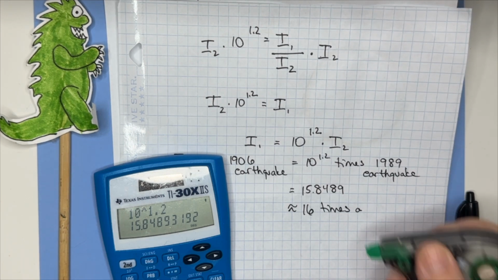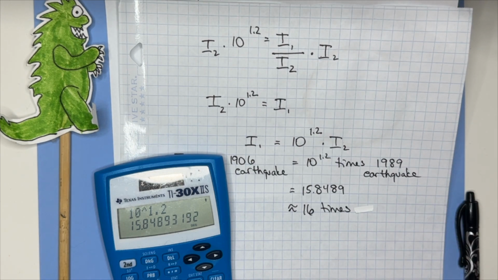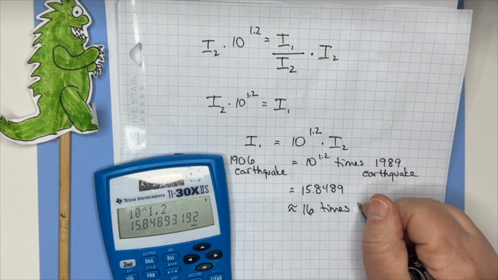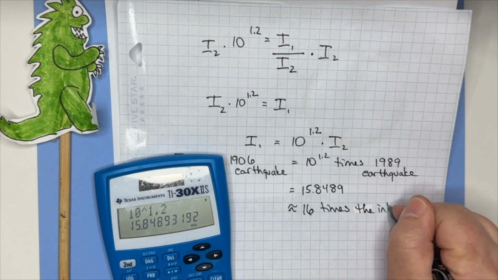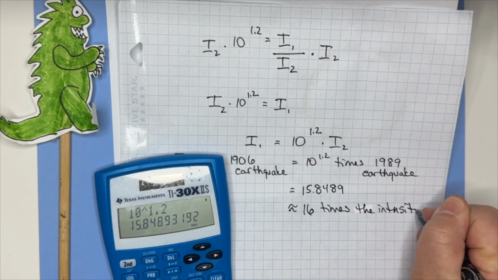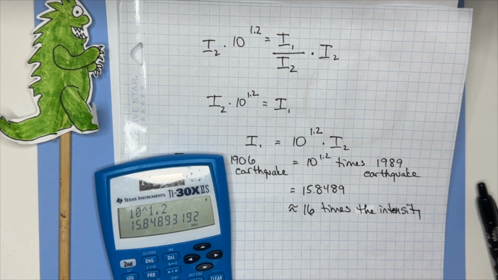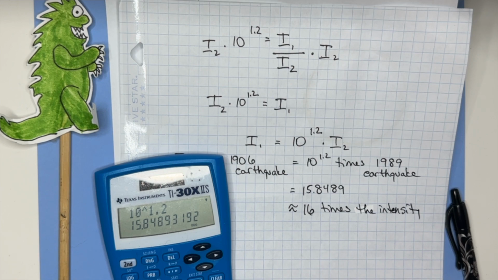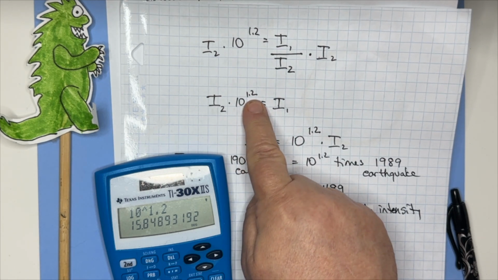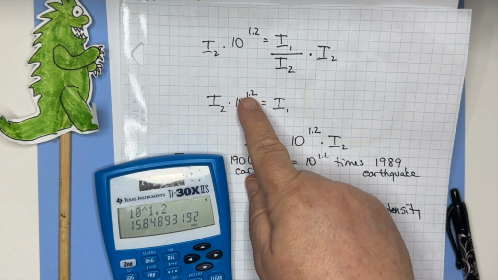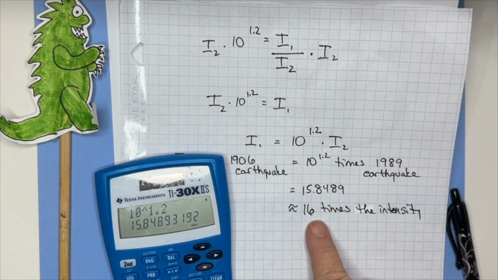I was going to say as intense, but I'm not sure that we can get away with that in physics. So in other words, we were right. It was about 10 to the first, but it's 10 to the 1.2, which turns out to be 16 times as intense.